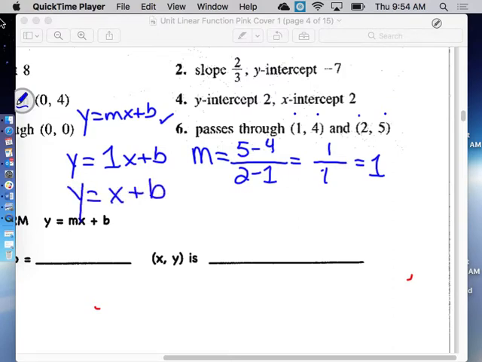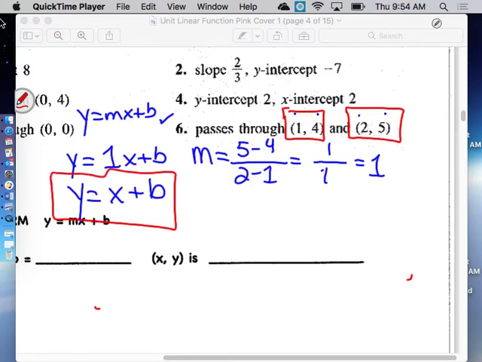But in order to determine the value of b under the conditions that I have to work with, I could take either ordered pair, because they both represent an x and a y, and I could make a substitution into my equation at this point. So if I have my equation right here, I could take the ordered pair 1, 4.